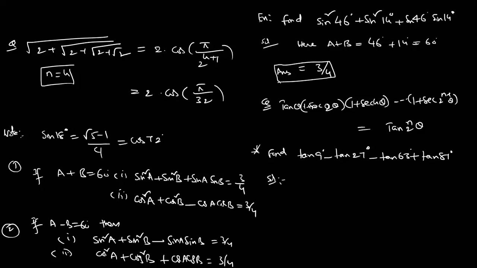So what is the logic here? In this type of problem, first of all, 9 plus 81 are complementary angles.